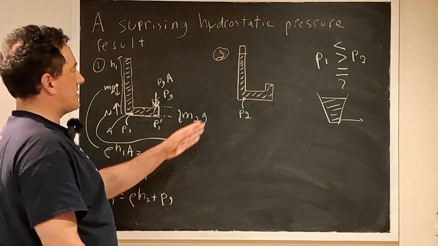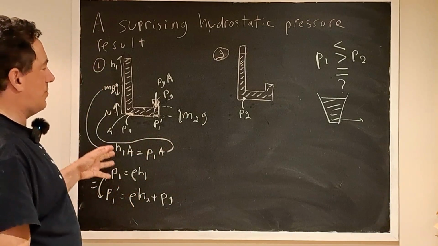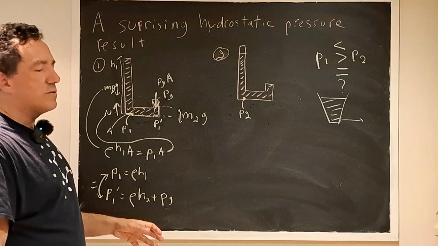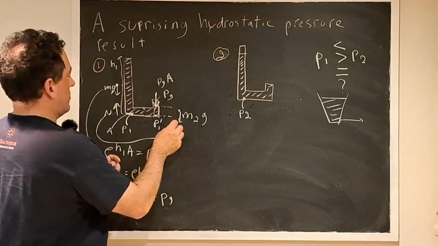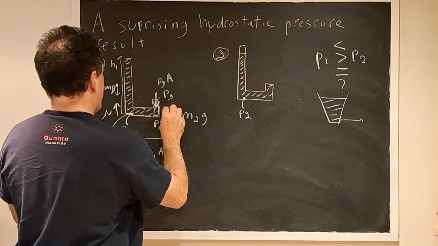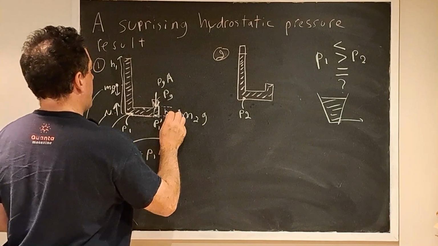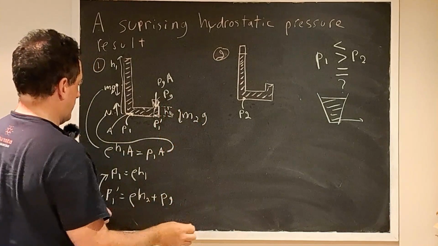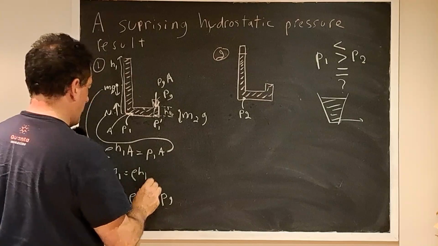Okay, now we go to the second setup. I won't do all the calculations and show all the forces because it's exactly the same. But instead of having a certain height h2 here, or maybe I should call it H1 prime, let's call it H1 prime, it's going to make things much easier after.